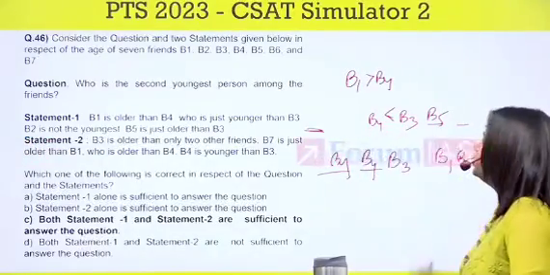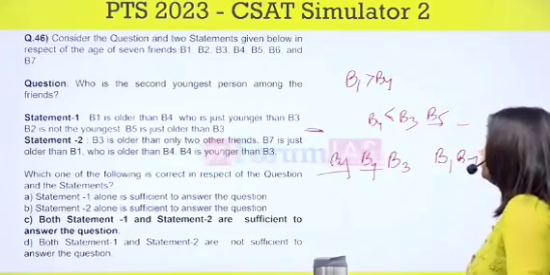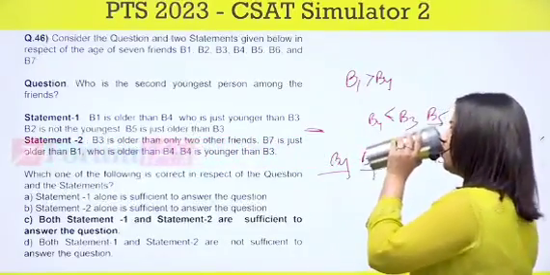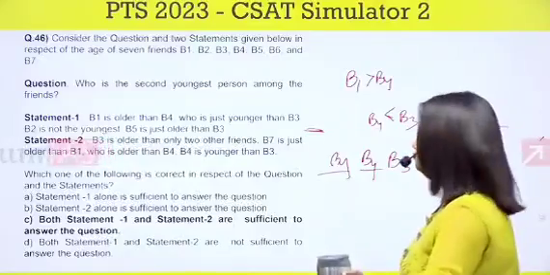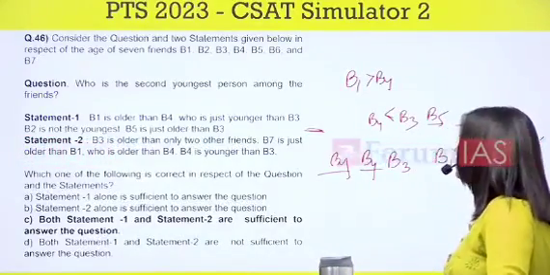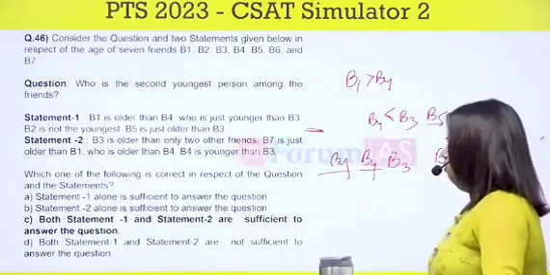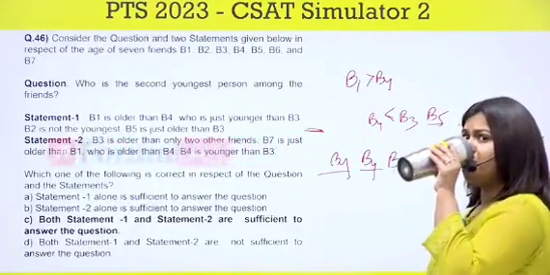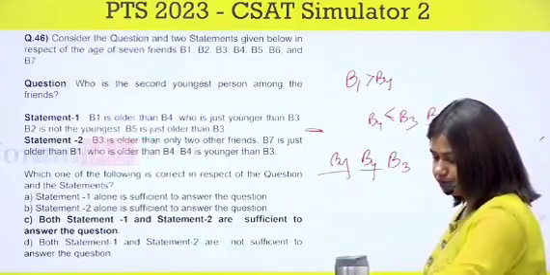If I try to combine them together, now becomes the real game. Now, B3 is older than any 2 people. B4 is just younger than B3. So what do I know?